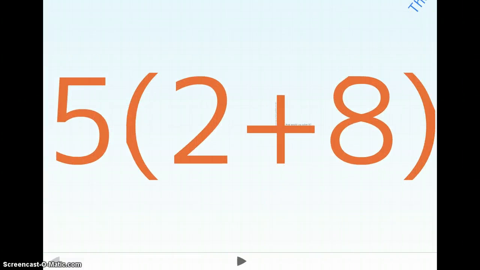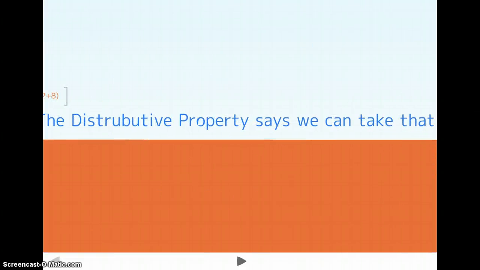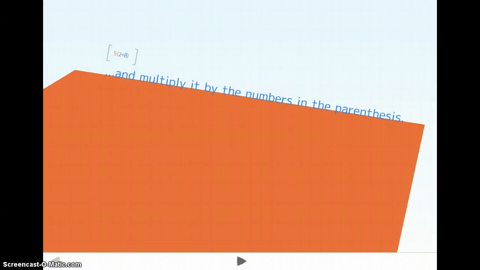Let's start by looking at that problem again. The distributive property says we can take that 5 and multiply it by the number in the parentheses.